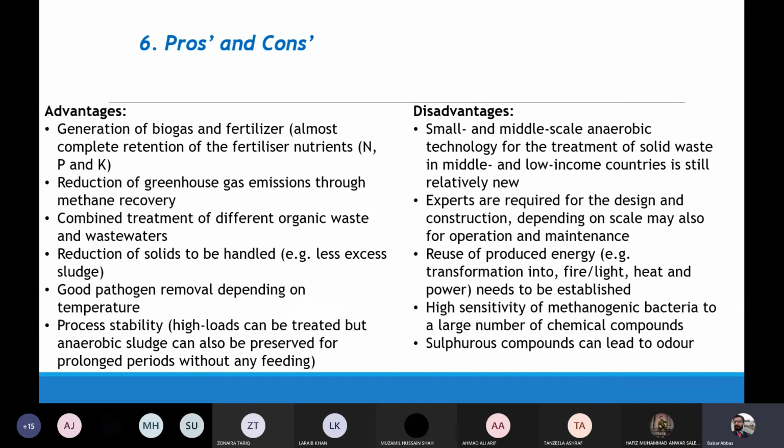So we must avoid adding chemical compounds to the biogas production plant, because the bacteria involved in the methane process would be disturbed by the presence of various chemical compounds, and sulfur compounds can lead to odor problems in the biogas system.